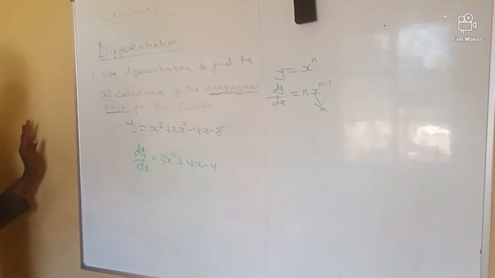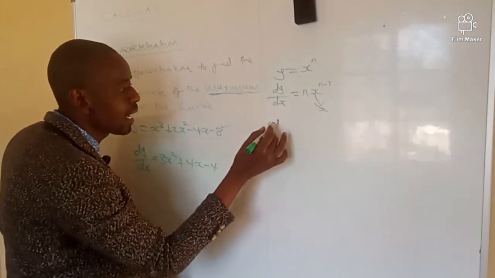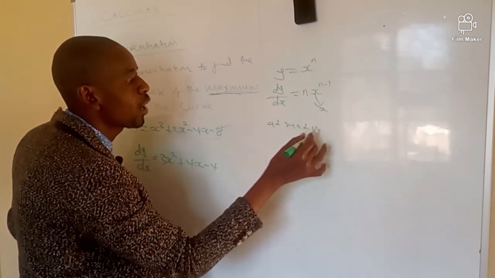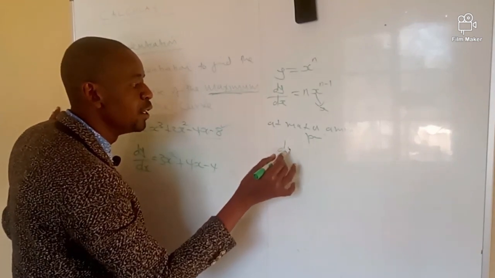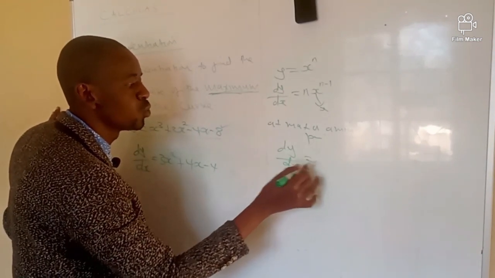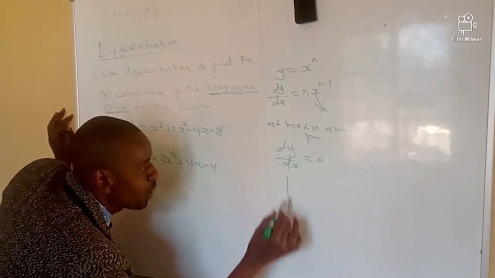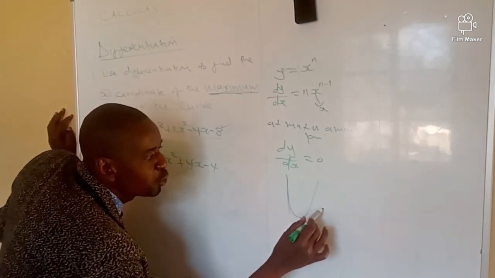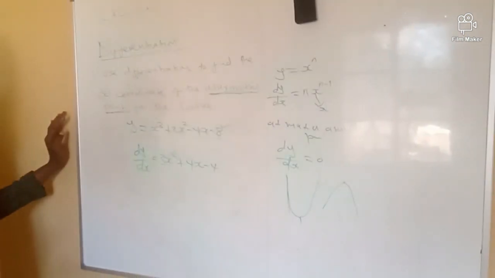But another thing, class, that you're supposed to take note of is that at a maximum or a minimum point, dy over dx is equal to 0. So where the curve is turning, be it a minimum point or a maximum point, the gradient at that particular point is 0.